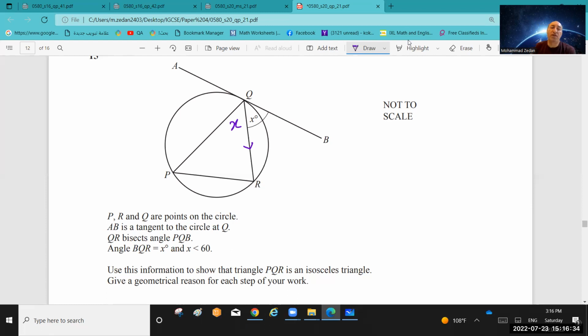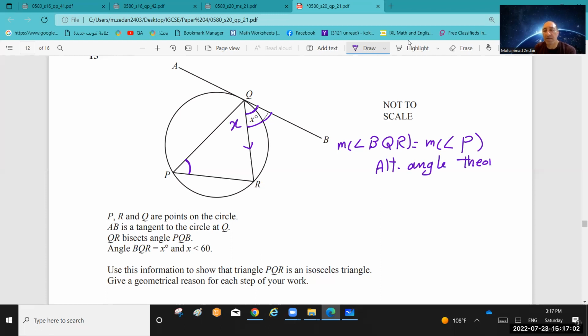First of all, you have the angle of tangency. This angle equals the measure of the inscribed angle subtended by the same arc. Number one, the measure of angle BQR is equal to the measure of angle P. This is the alternate angle theorem.